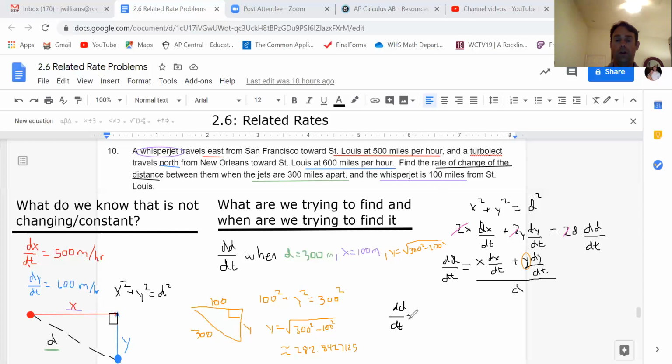All right, so we're going to plug in all these values, and friends, we'll be able to call this a day. We're just about done. Let's just plug these in, and we will be done. So D is 300. X is going to be 100. And Y is going to be big ugly.